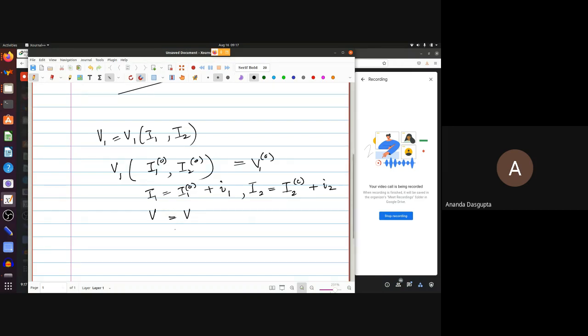And then you say, okay, if that happens, then of course V1 changes from its value V1 0 to a new value V1, and this V1 to first order in the Taylor expansion simply is del capital V1 del I1 evaluated of course at I1 0, I2 0, times small i1 plus del capital V1 del I2 times small i2, and this of course gives rise to the Z parameter equivalent model.